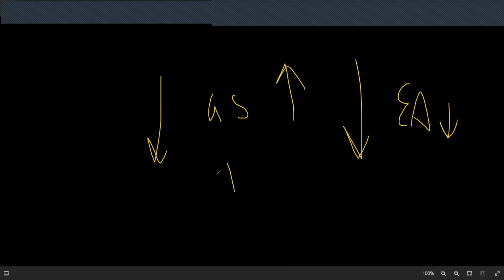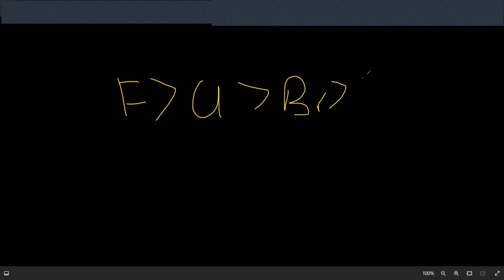This is because when atomic size increases, it implies that the nuclear force is less, due to which EA decreases. In case of halogens, when we suppose that F, it should be in the form of this, but no, it's not in the form of this. It's actually in the order Cl, F, Br, I.